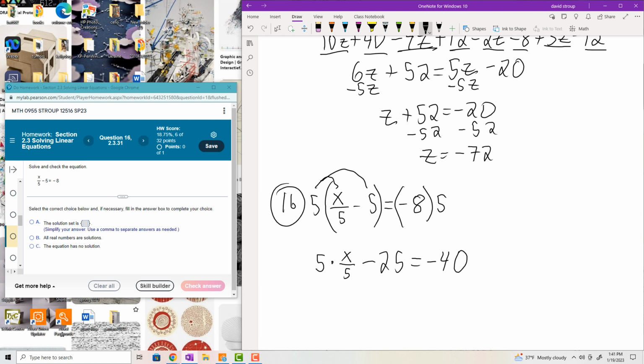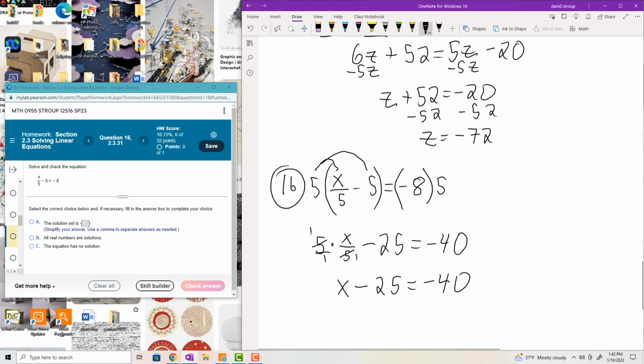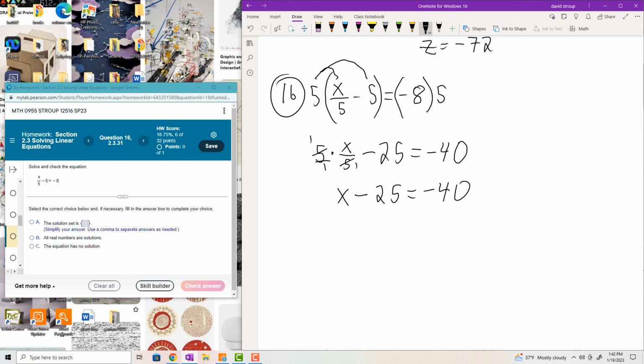The 5 times x over 5, that's just x, right? So the 5 goes in the 5, it's the same as 1 over 1, and then you just have 1 times x over 1 times 1, which is x over 1, which is just x. And lo and behold, now you have an equation that just has integer terms, regular numbers without fractions. And we already know how to solve this thing.